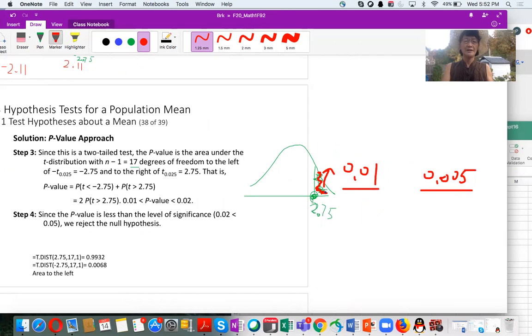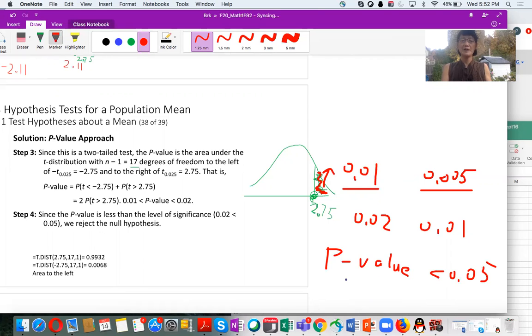So we can say the p-value is smaller than alpha, 0.05. When the p-value is smaller than 0.05, you reject.